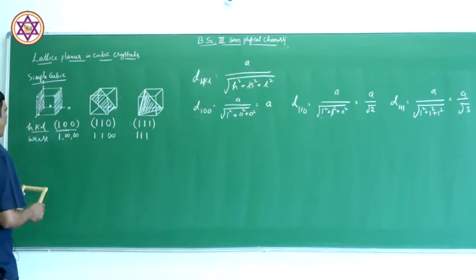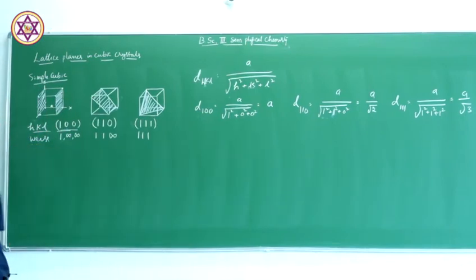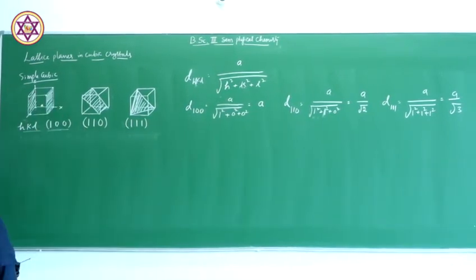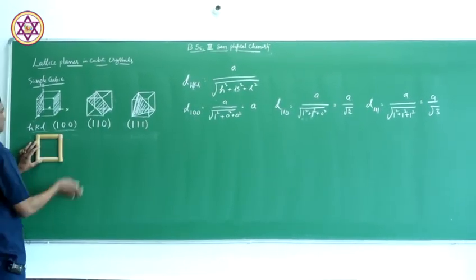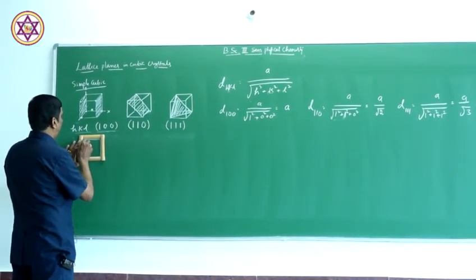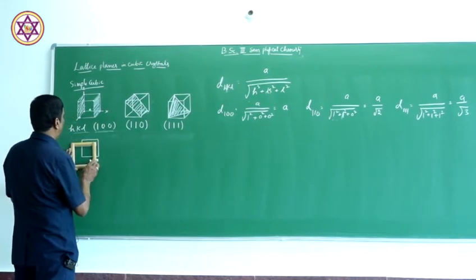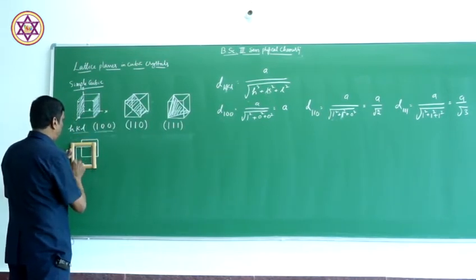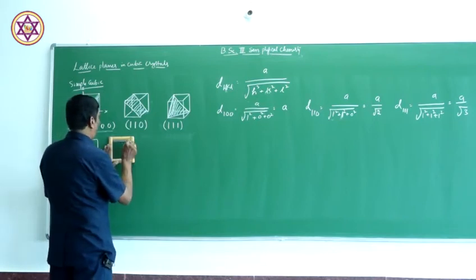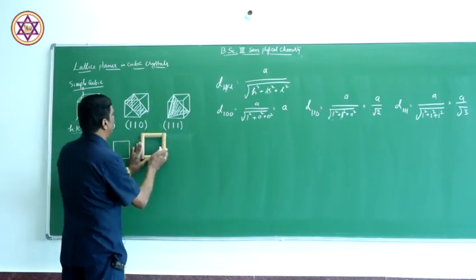Now, another possible crystal lattice for this cubic lattice is the body centered cubic lattice.